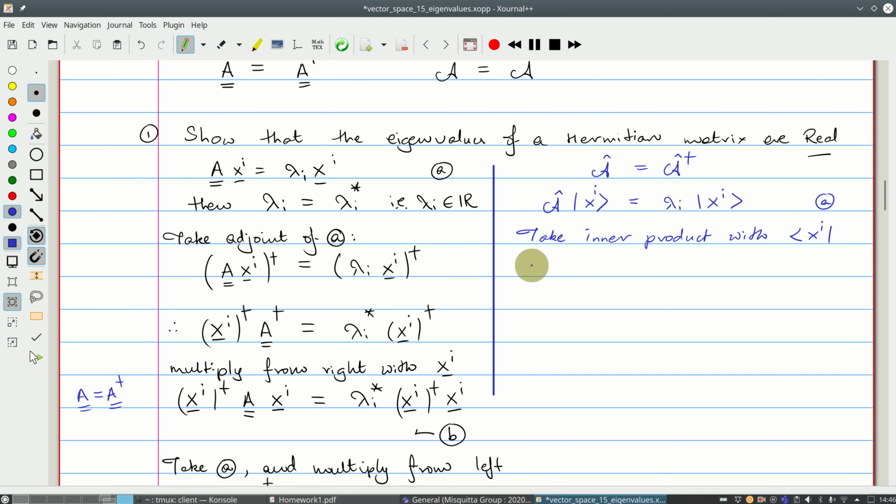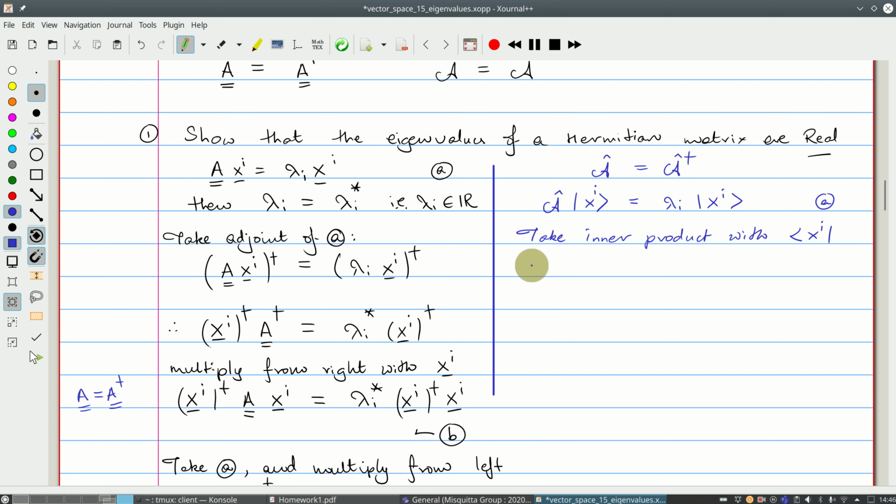So this will give us xi A xi is equal to xi lambda I xi. Now lambda I is a scalar, and it operates on the ket xi, so lambda I is effectively on the ket side, and we can just pull it out. So that's equal to lambda I inner product of xi with xi.